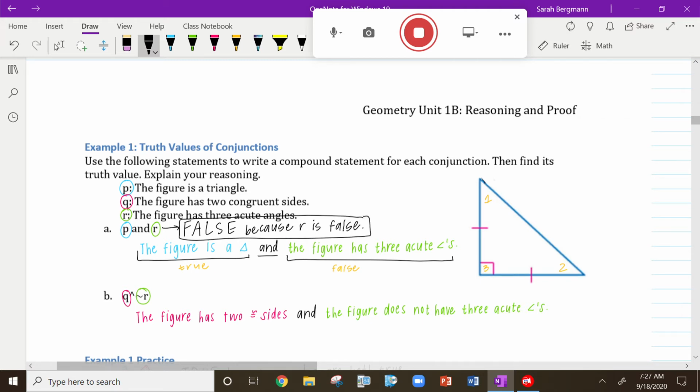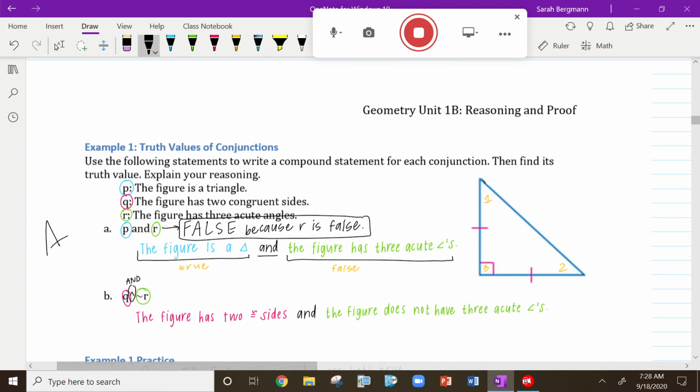This is kind of all part of your answer, the statement and the reasoning, but I'll circle that part at the end. All right, the next one says Q, and then it has this up arrow, and then remember we read this not R. So remember this up arrow in the middle means and. I remember it because a capital A looks like it could be made into an arrow by erasing that line in the middle.